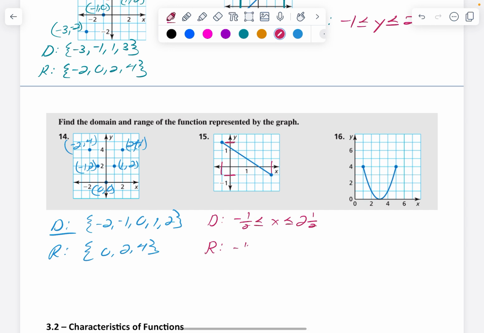So -1/2 and 1.5. And then for this last one, this is 1 to 5. So my domain, all the x's are in between 1 and 5. And for my range, all my y's are in between 0 and all the way up to 4.